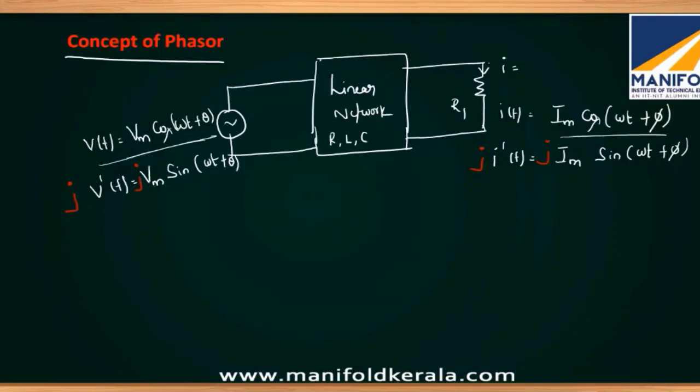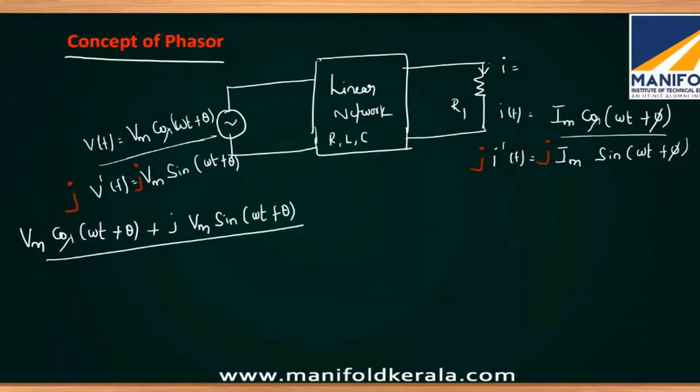My overall input to this linear network is Vm cos(omega t plus theta) plus j times Vm sin(omega t plus theta).